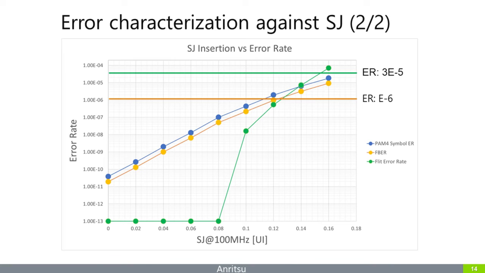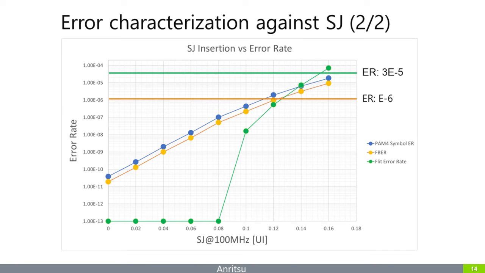Then when the injection is 160 milliUI, the FBER exceeds E minus 6, so that is failed. And also it shows the flit error rate or retry rate exceeds 3E minus 5.